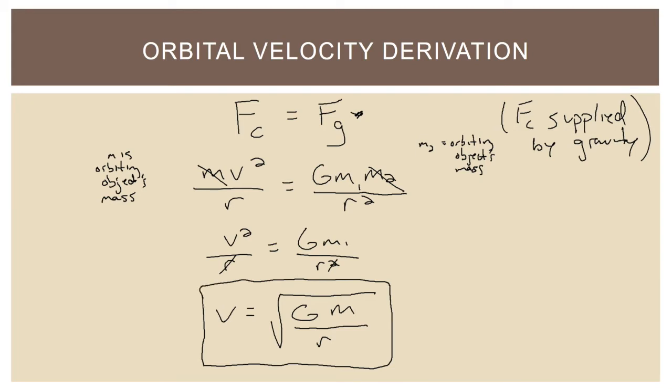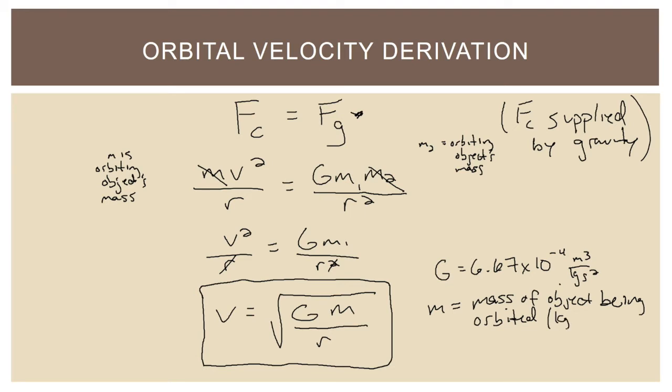That's the equation for the velocity of an object in orbit, where, of course, G is our 6.67 times 10 to the negative 11 meters cubed per kilogram second squared. This part's very important, though. M, if you remember, because the orbiting object's mass canceled, is the mass of the object being orbited, and that's in kilograms.